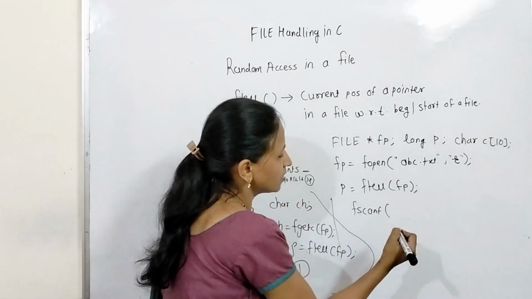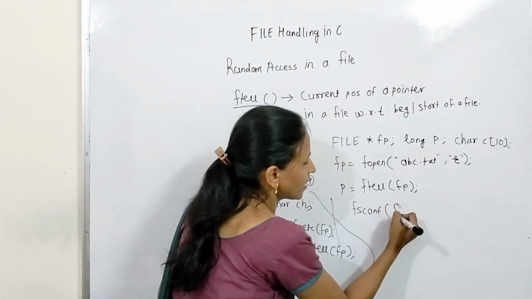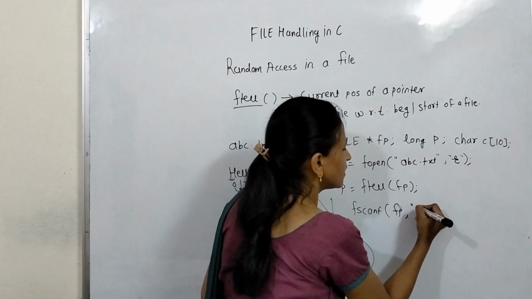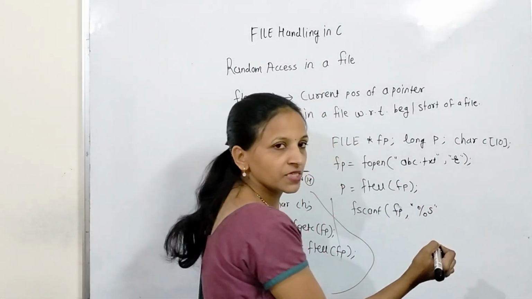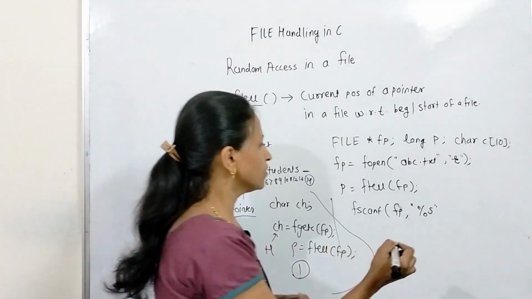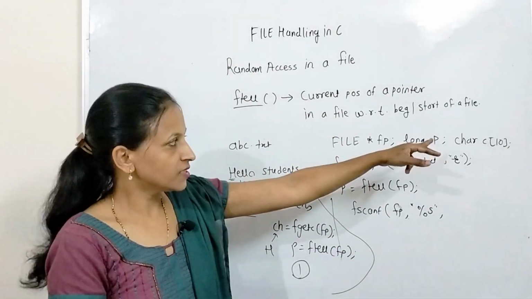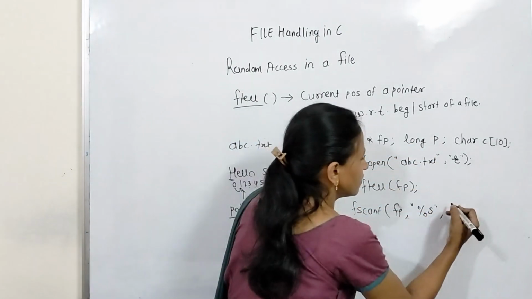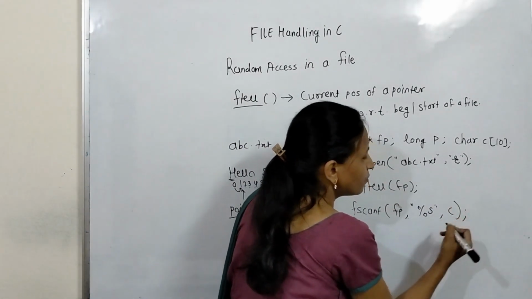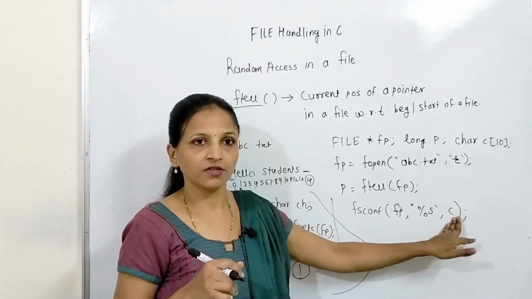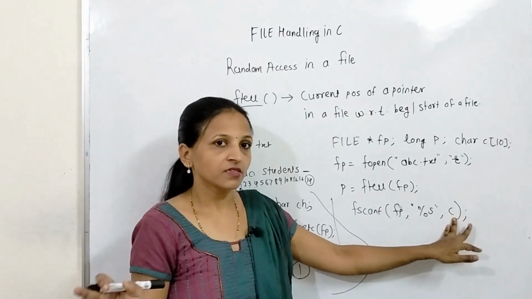Then we will write fp, the file pointer, as the first argument, then the second one is the format specifier, that is %s, and then we write the variable where we store the string, inside C. Here I am not writing the address. Why? Because this is a string, not any other type of variable.